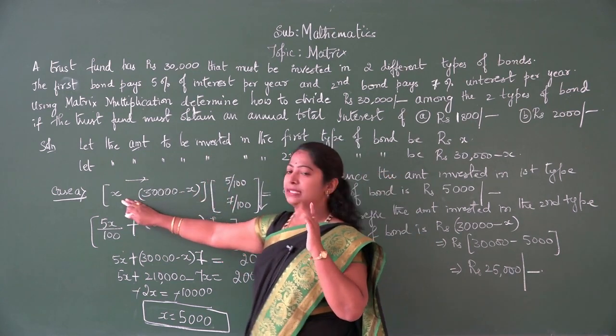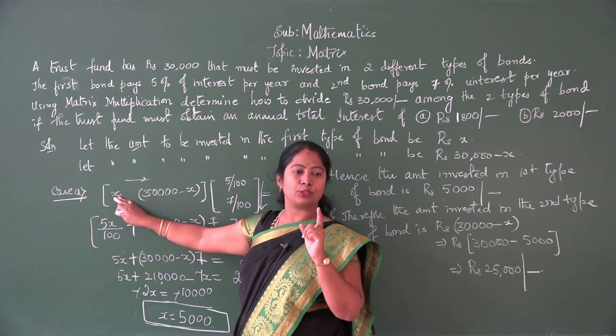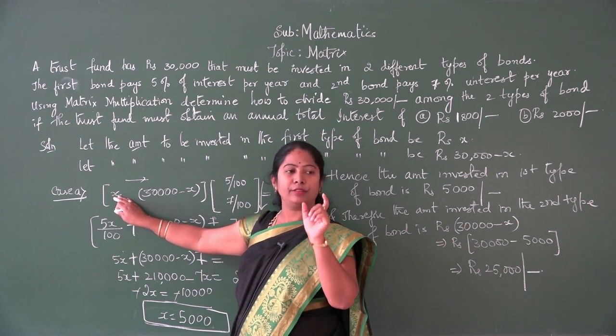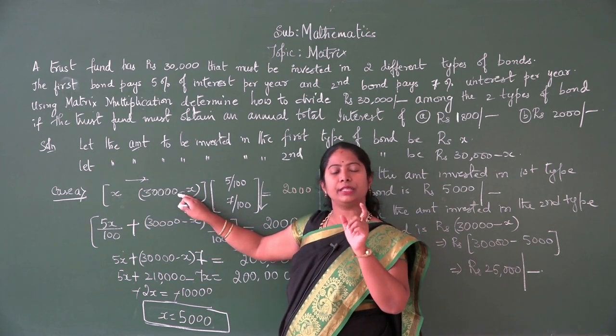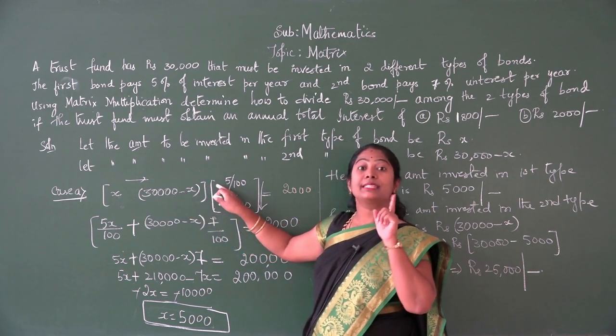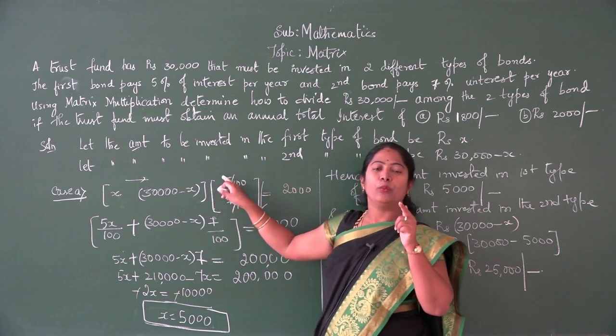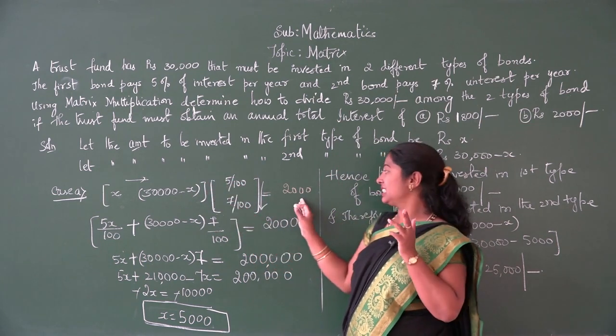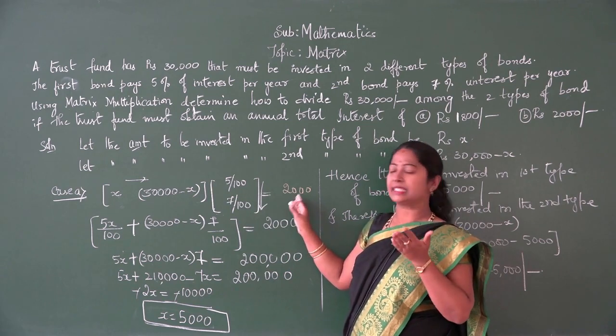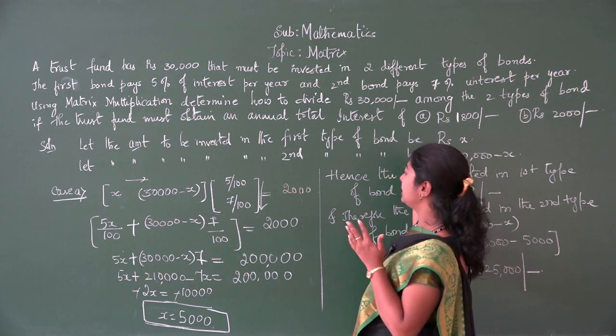So what is given? What have we considered? X to be the amount to be invested in the first type of bond. What is 30,000 minus x? The amount to be invested in the second type of bond. What is the interest that is being paid? One is 5%, the other is 7%. In this case, I shall explain with the second case, where the interest amount is rupees 2,000.